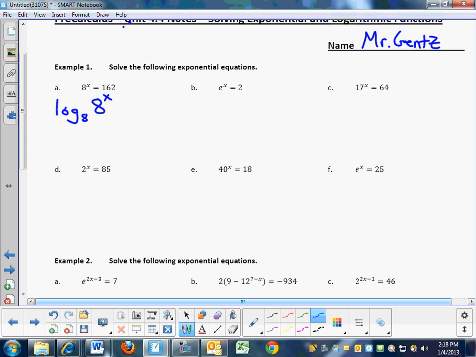And if I do it to one side, I have to do it to the other, and I get log base 8 of 162. So, just follow my step here. What happens on the left-hand side? It does cancel. What am I left with?